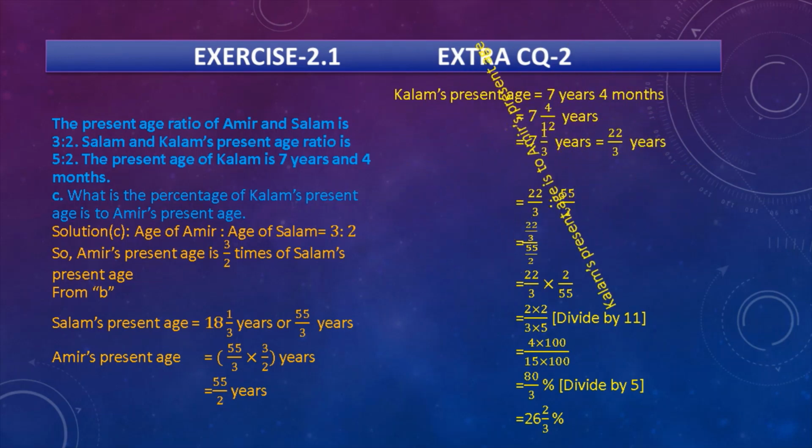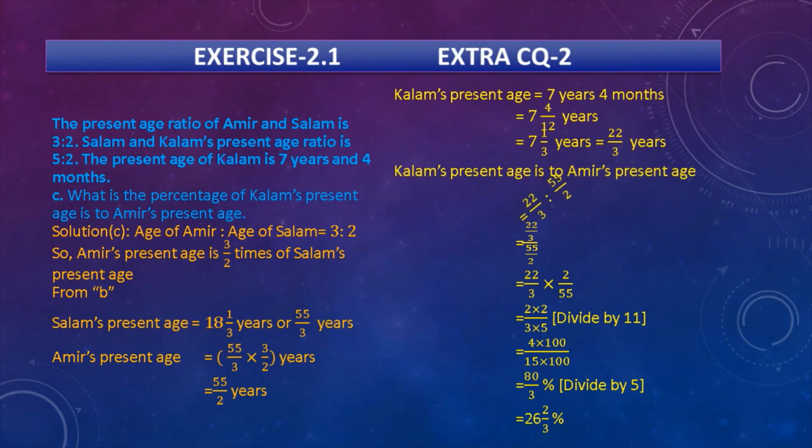Then we find the ratio of Kalam's present age to Amir's present age, and we get the ratio 22 divided by 3 is to 55 divided by 2. After reducing we get 4 divided by 15. If we want to make a percentage, we multiply by 100 with the antecedent and the subsequent, and after reducing, we get 26 whole 2 divided by 3%, my dear students. That is the desired answer.